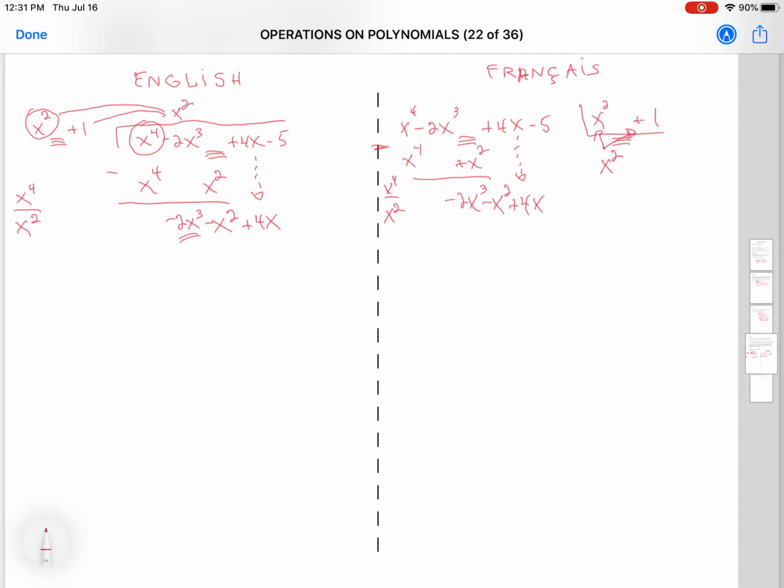So let's switch back to English. First term divided by first term, so minus 2x³ divided by x². The answer is minus 2x. We put it here and we multiply. So minus 2x times x² is minus 2x³. Minus 2x times 1 is minus 2x.